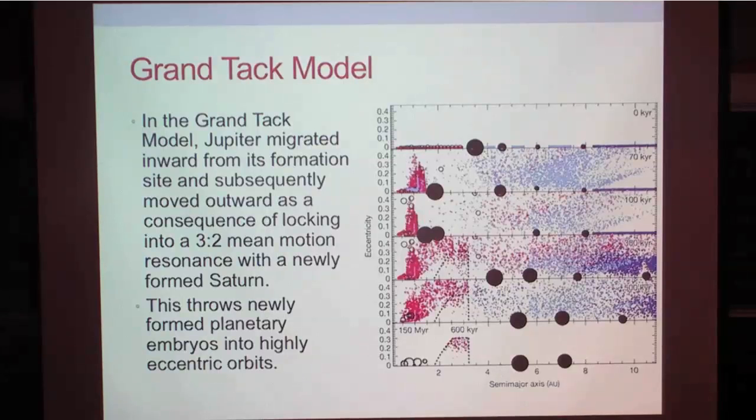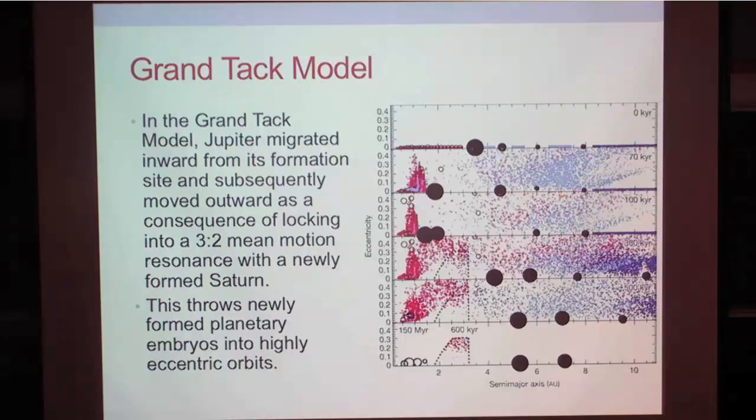But eventually what happens is Saturn moves in as well, and they get locked into 3 to 2 resonance, and then they move back out. But in the meantime, they've thrown, the vertical axis is eccentricity, so they've thrown all these planetary embryos into crossing orbits.